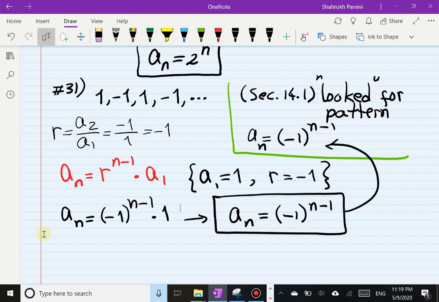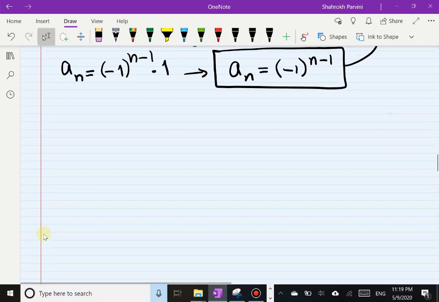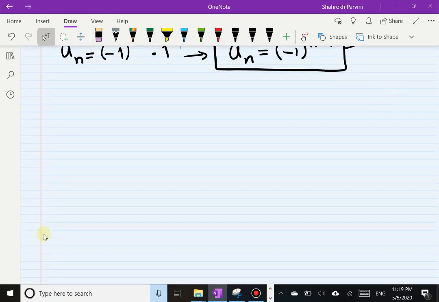Now, one other thing we're interested in this section is the idea of what we call the nth partial sum. We did this in section 14.2 for an arithmetic series. So let's see if we can derive a formula for it.